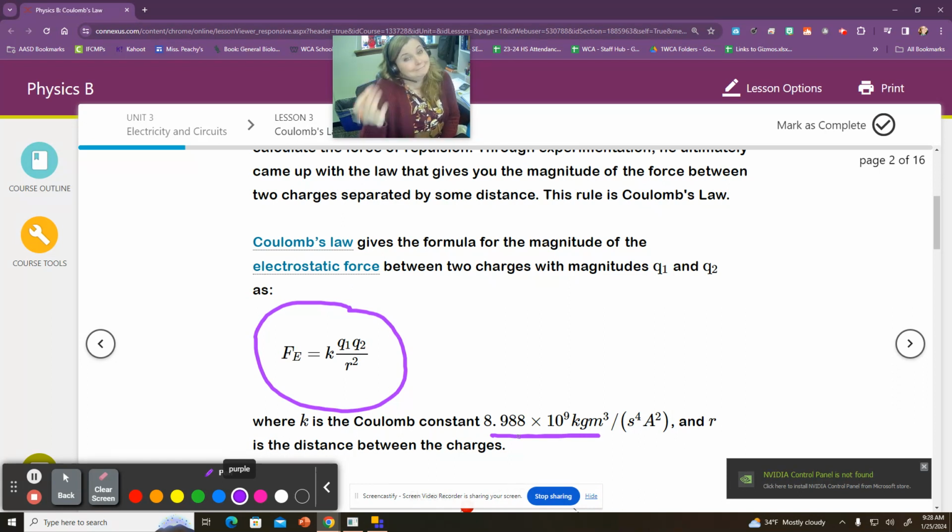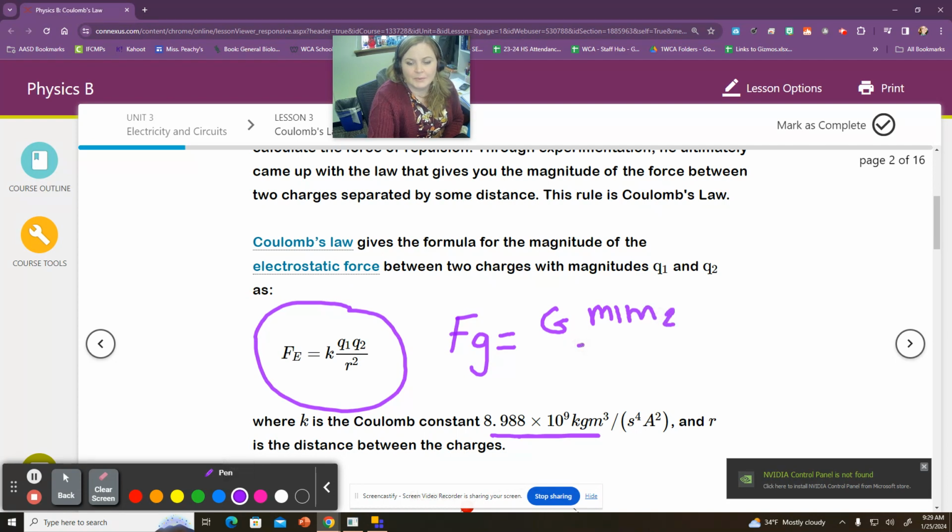I'm hoping this looks a little familiar because this is very similar to our universal law of gravitation that you just learned about at the end of first semester.